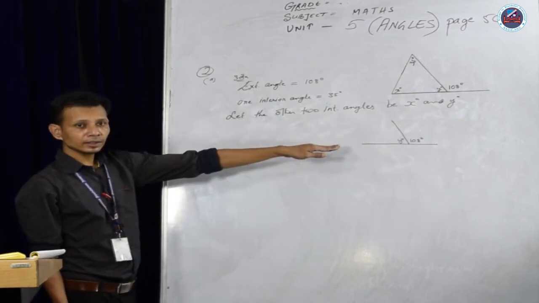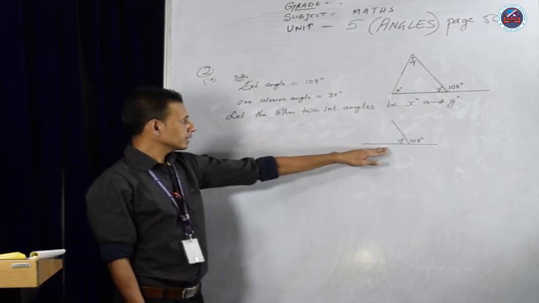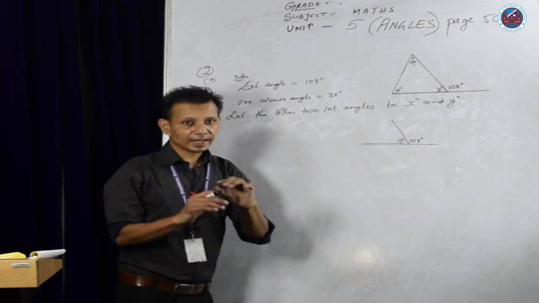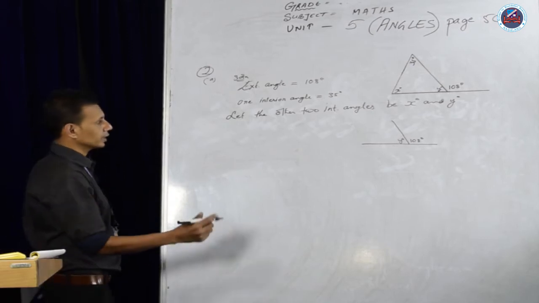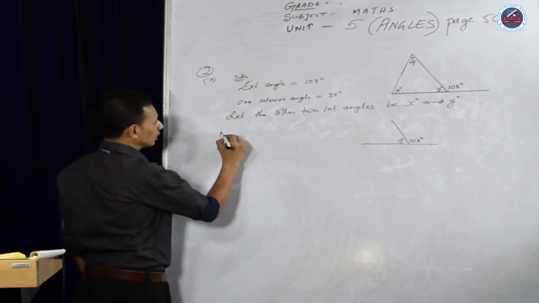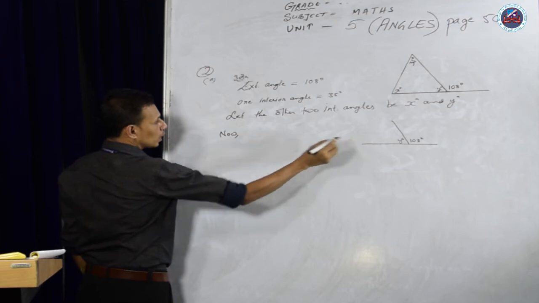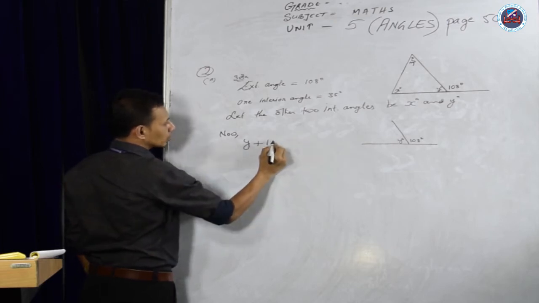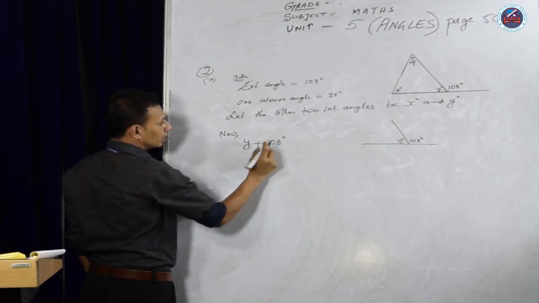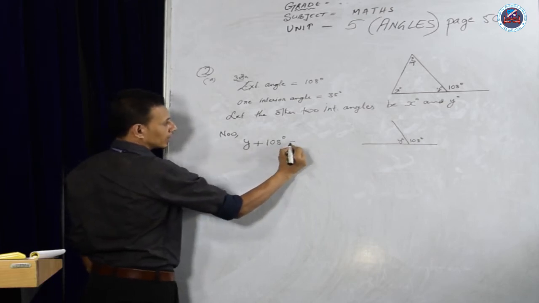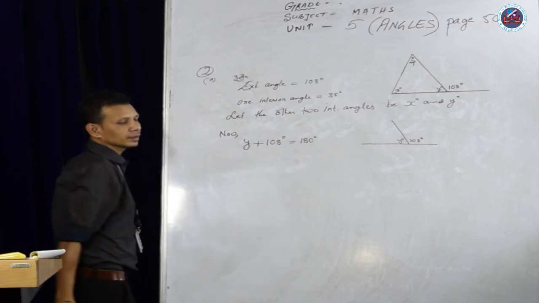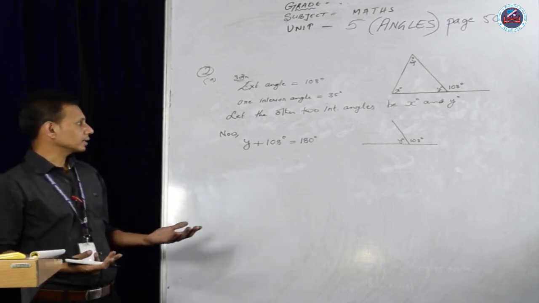What did I observe here? A straight line. And just now I told you, when you add up these two, you will get 180 degrees. So here, y plus 108 degrees. When you add this up, you will get what? 180 degrees. How did you get that?